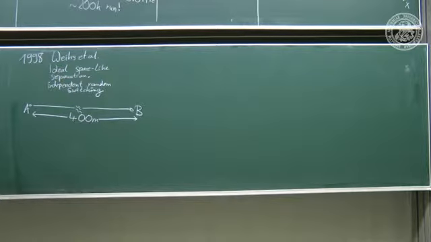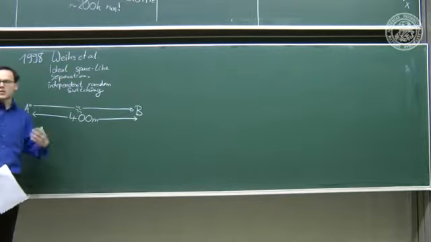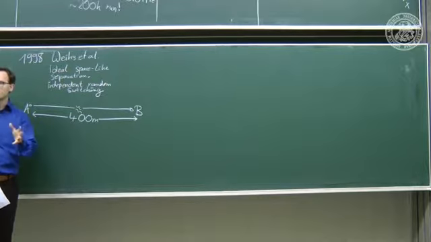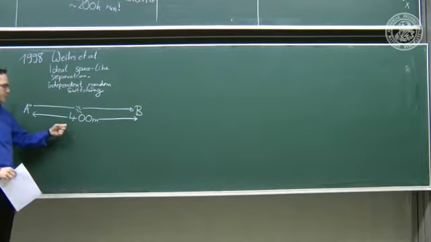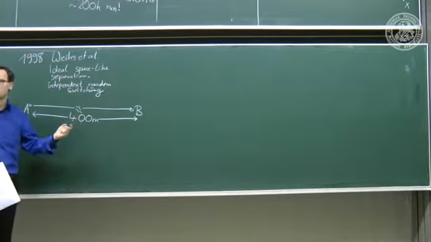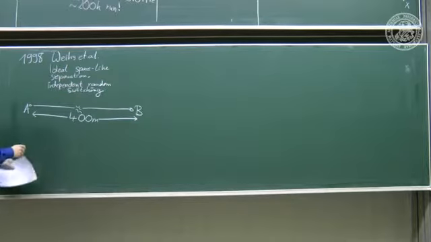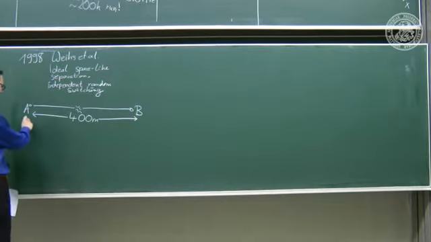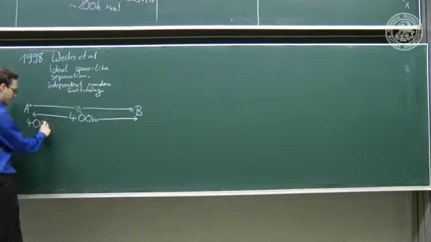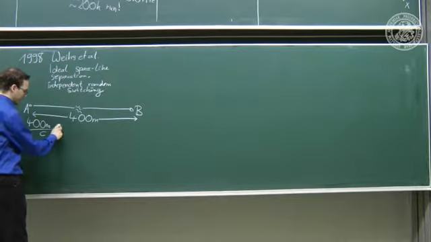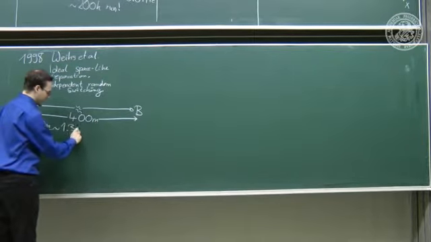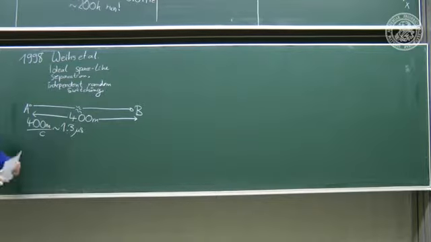And so, in order to find out how much time you have to do the setting and then the detection, you just have to find out what's the light travel time for 400 meters, and that happens to be 1.3 microseconds.